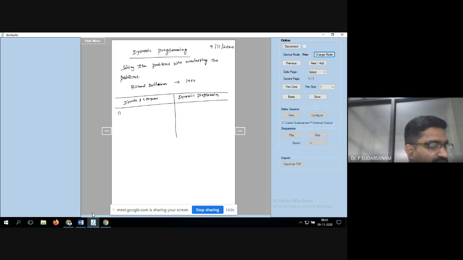The first one is the partition of the problem into independent smaller subproblems. So independent small problems.